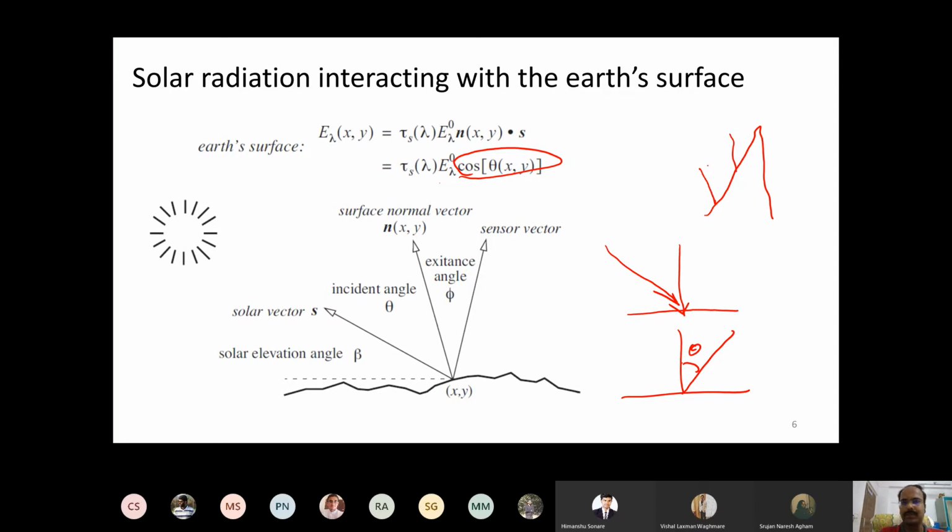If it's a steep slope, it may even completely hinder the solar energy reaching it. Anything can happen. So at that particular point on the Earth's surface, calculate theta, take cos theta of it, and multiply with this. So this is the total energy available to the object of our interest.